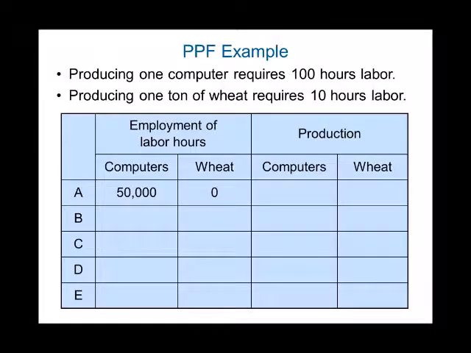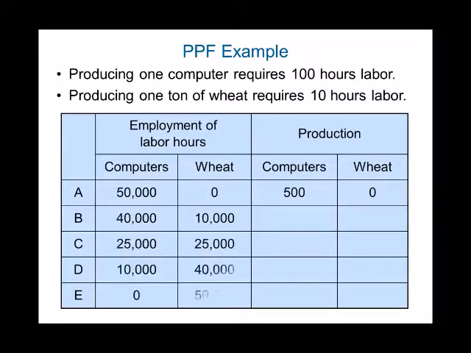If one computer requires 100 hours of labor, then 50,000 hours would produce 500 computers and 0 tons of wheat. Okay, so if I use all my resources to produce computers, I can get up to 500 computers.